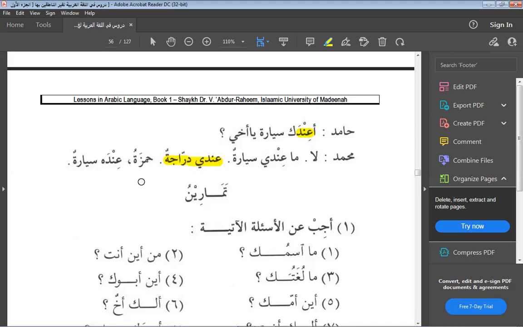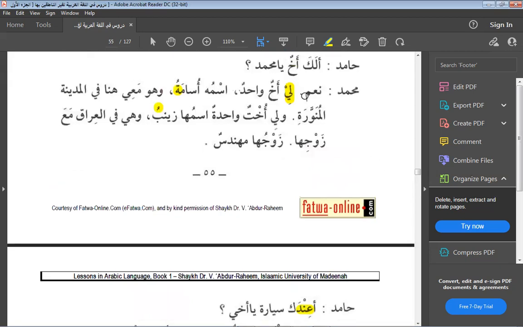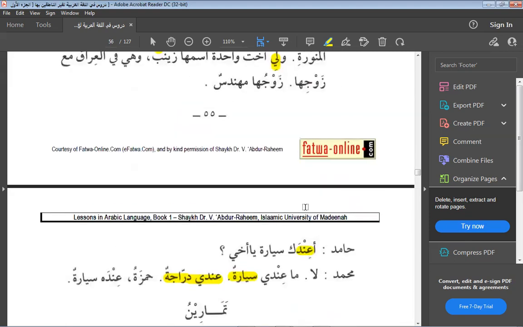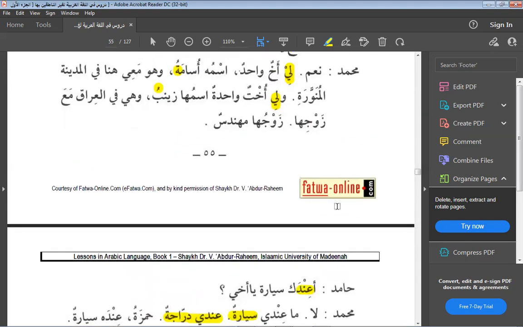Okay, back to li and indi. You see, when he said li, he wanted to say, I have a brother. He said li, I have a sister. But when you go to material things, you realize that we just switch from li to inda. Indi darajatun. Ma indi sayyaratun. When we go to these material things, inanimate objects, it started using inda.